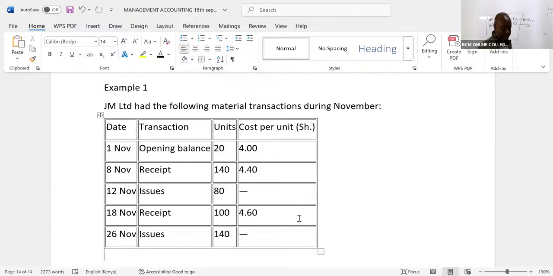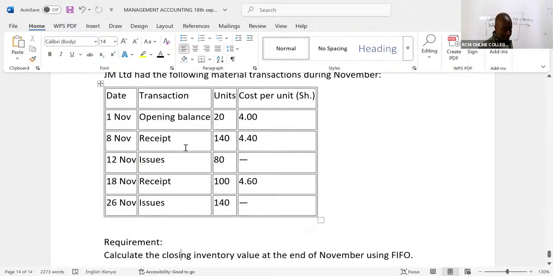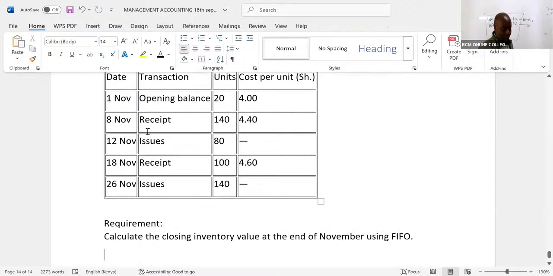We have the date, 1st of November, with an opening transaction of 20 units, each valued at 4, etc. What do they want us to do? This is very, very common. They want us to calculate the closing inventory value at the end of November using the FIFO method.